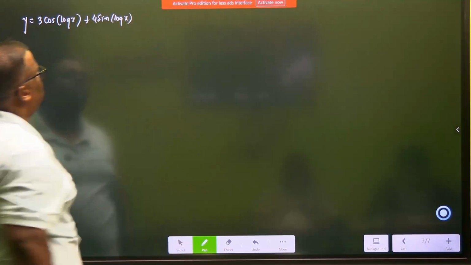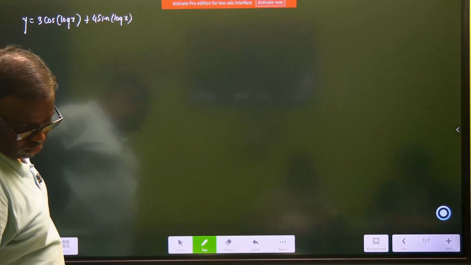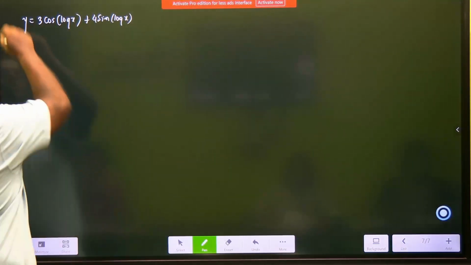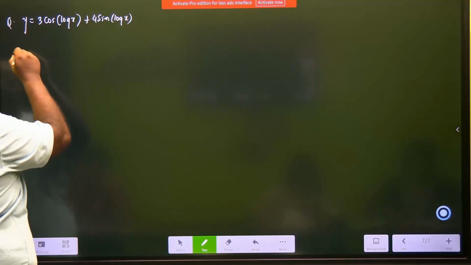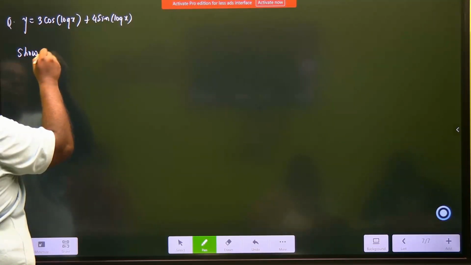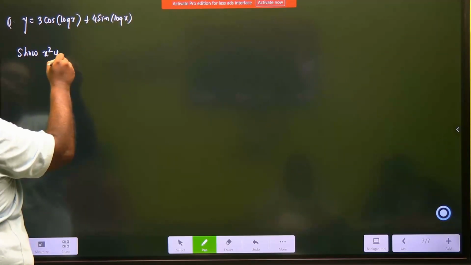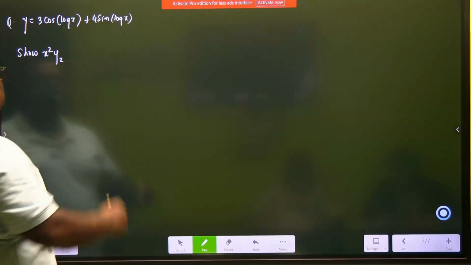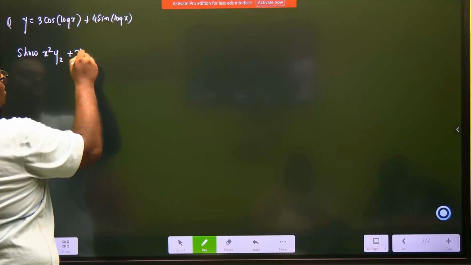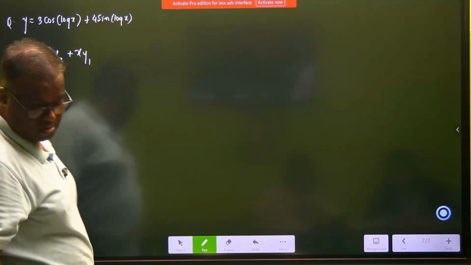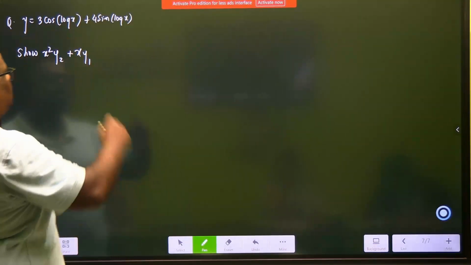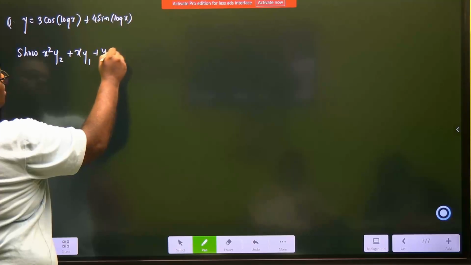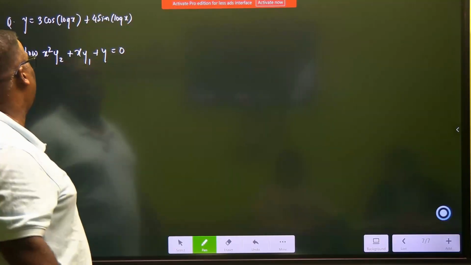This is the statement. You need to show x square y2, where y2 means second derivative, plus xy1 plus y equals 0. So let's find out first y1 and y2.